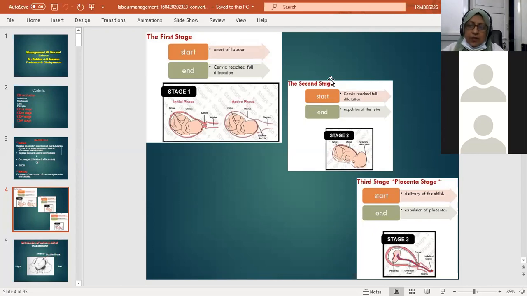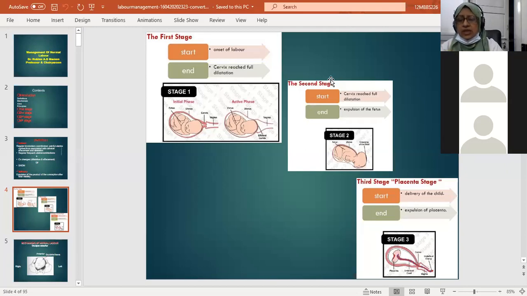Bregma is the area of the anterior fontanelle, so this runs from below the occiput to the anterior fontanelle. This diameter is about 9.5 centimeters, it is the normal diameter present at the time of normal labor. If the diameter is larger, either the labor will be prolonged or it may be obstructed.